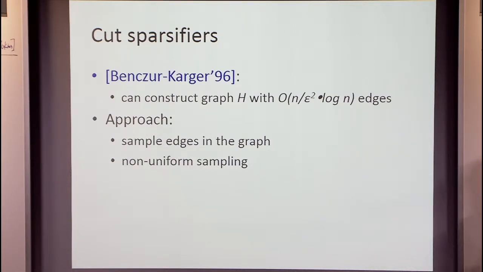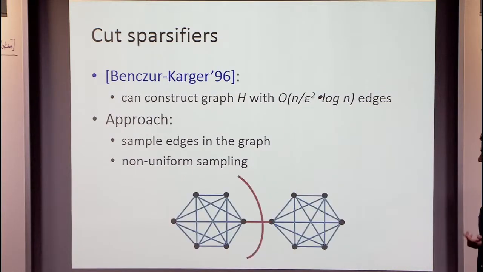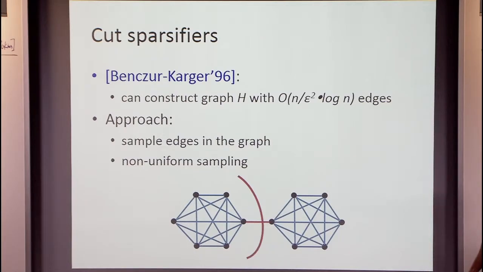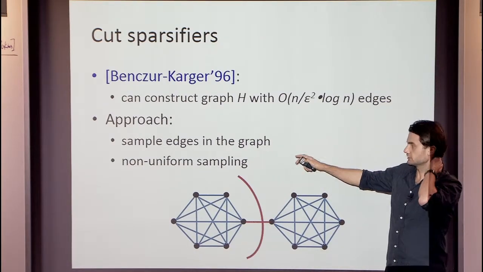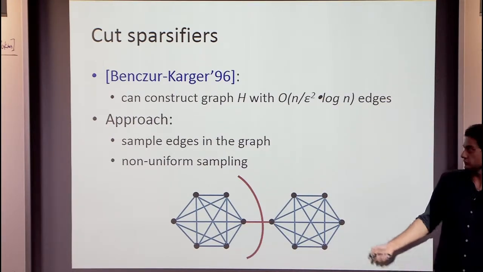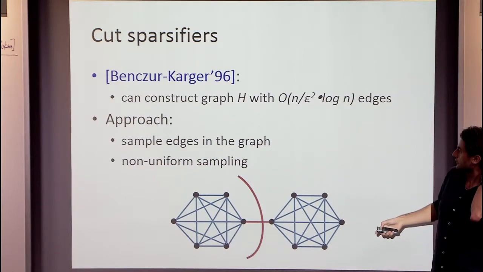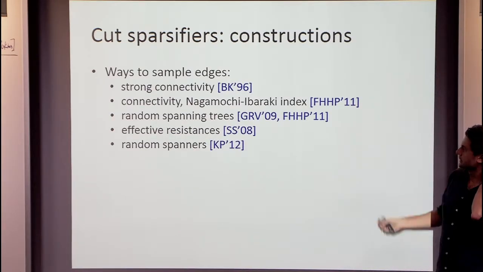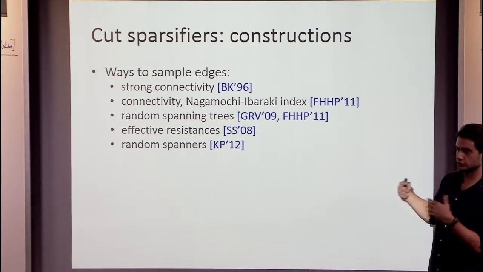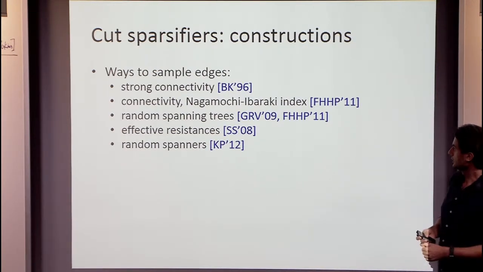The sampling has to be non-uniform, so we cannot just take all the edges and uniformly sample them, as a classic counterexample shows. Of course, the question is how exactly do we do sampling here? In some sense, this is the main question in this line of work. And there are many ways to sample edges according to different notions of connectivity in the graph.